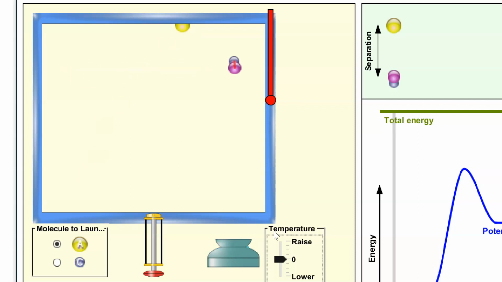I'm hoping we'll get a reaction here. There it was! We had a reaction, holy cow. And another reaction. Spectacular!